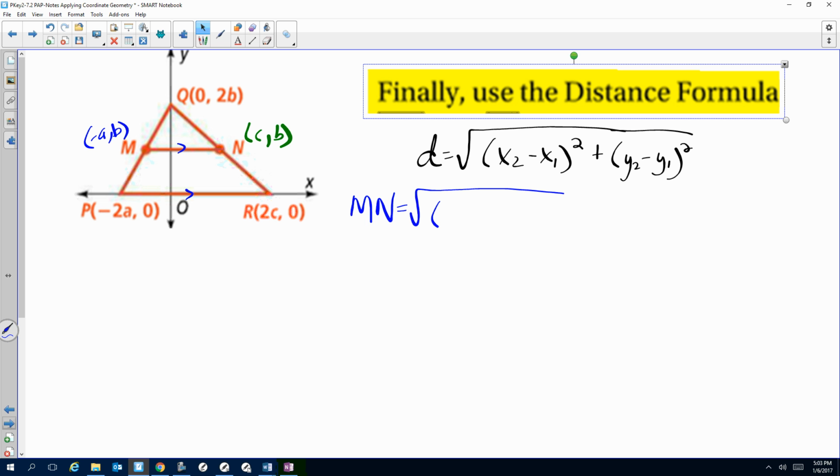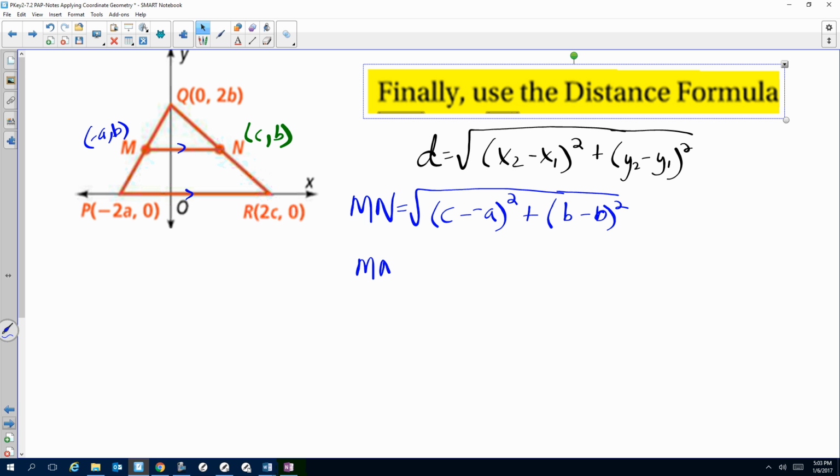In the first set of parentheses, we're doing our x2 minus x1, so we have c minus negative a, close the parentheses, squared. Then our y's, we have b minus b. And we know what happens there, right? 0, and 0 squared is 0.